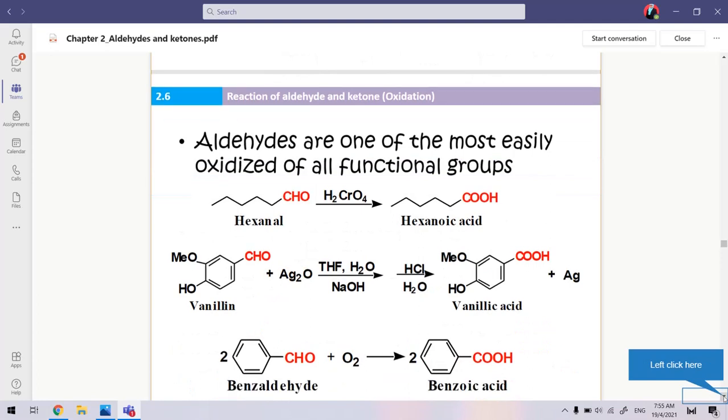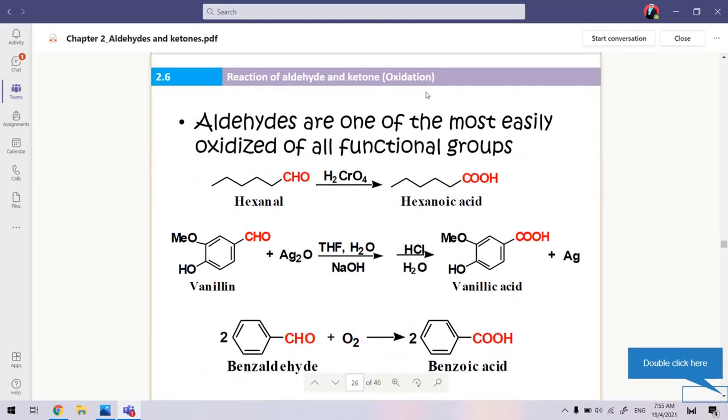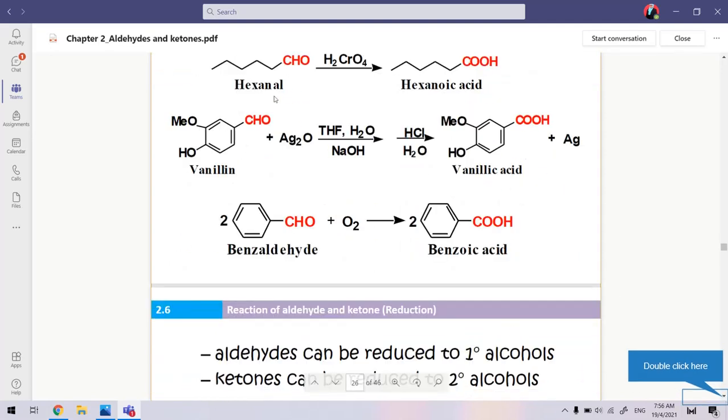And for the reaction of aldehyde, or we call it oxidation, this part will be oxidized by using chromic acid to produce hexanoic acid. Or it can be oxidized by using silver oxide in the presence of tetrahydrofuran, diluted. This will act as a solvent, and this is an alkaline condition, sodium hydroxide.